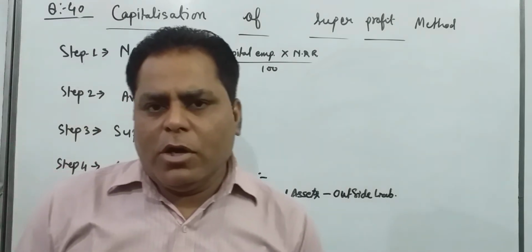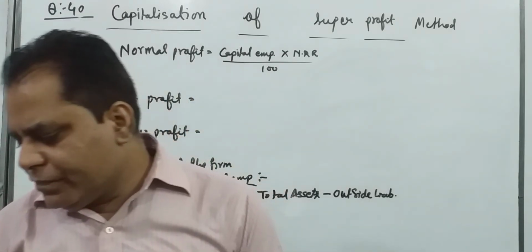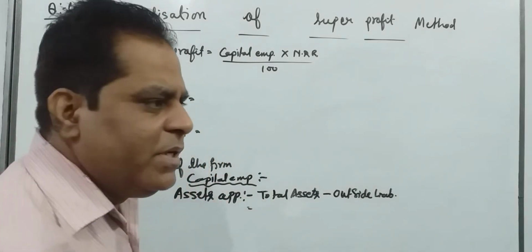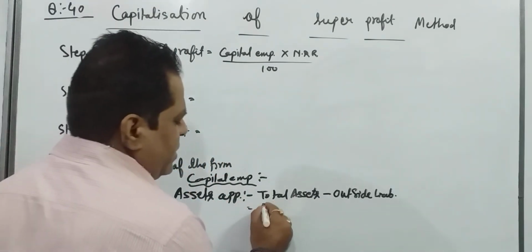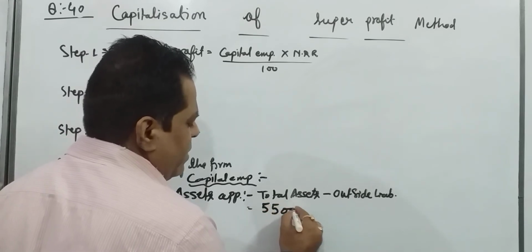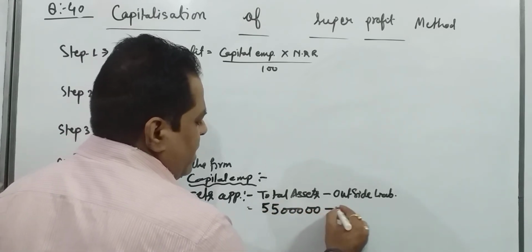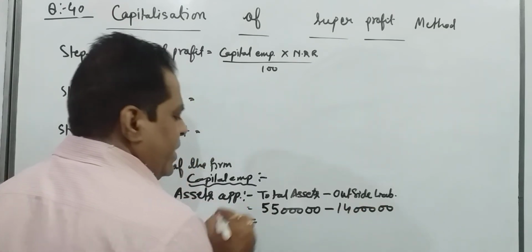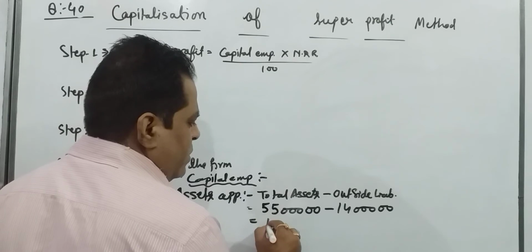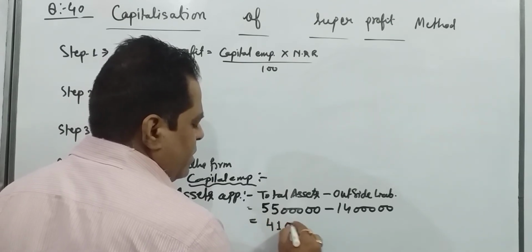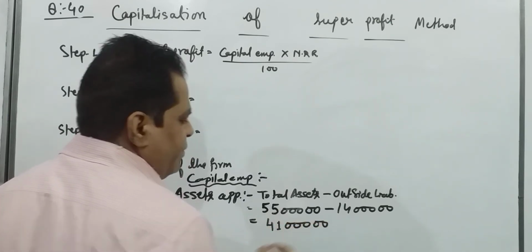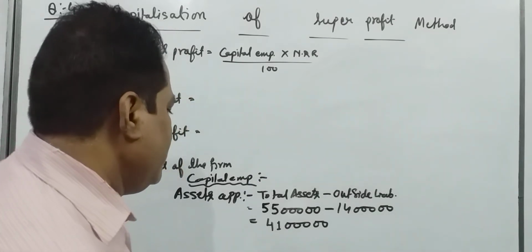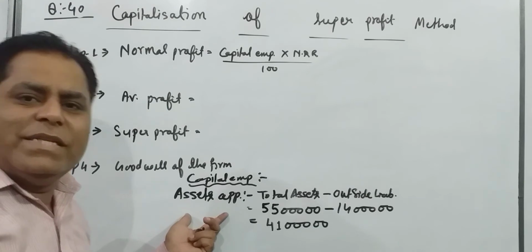How much total asset is given? 55 lakh. And how much outside liability is given? 14 lakh. So total assets is 55 lakh and outside liabilities is 14 lakh. You can find out 41 lakh. 41 lakh is your capital employed by applying the asset approach.